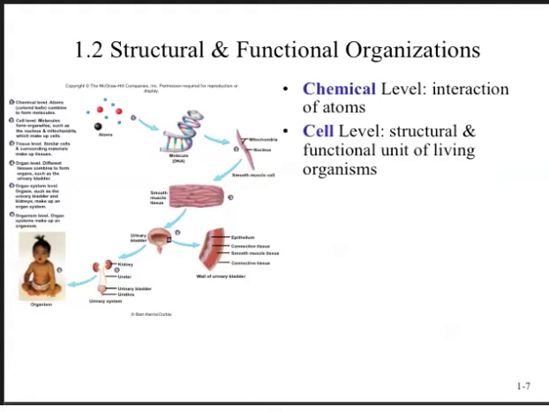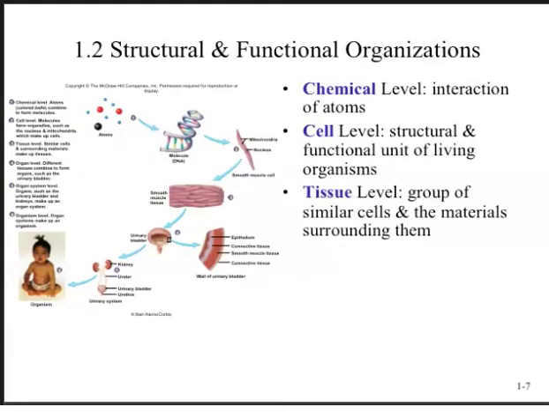Collections of organelles together form the smallest unit of living matter, which is the cell, and it's the structural and functional unit of all living organisms, while tissues are collections of cells that have a particular set of characteristics that act together as a group to serve the organism very effectively.